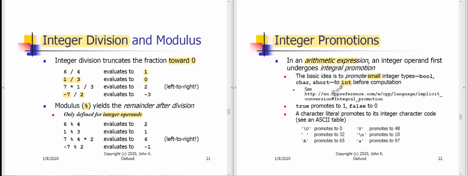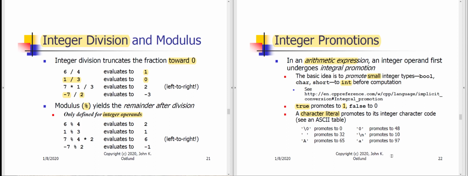You can see the full gory details of this integral promotion rule in the section on cppreference.com. Now, a Boolean true, when it's used in arithmetic, is promoted to an int value of 1. False becomes 0. A character literal is simply promoted to its corresponding integer value in the ASCII character set.